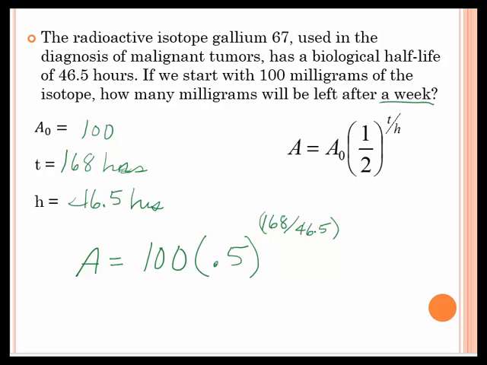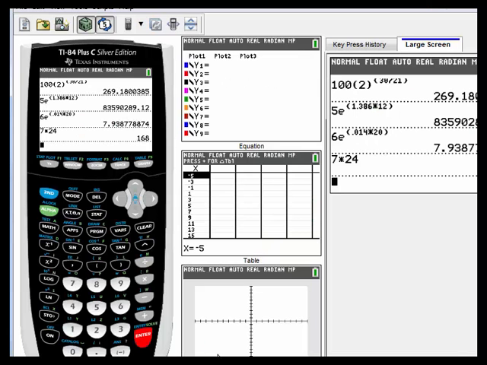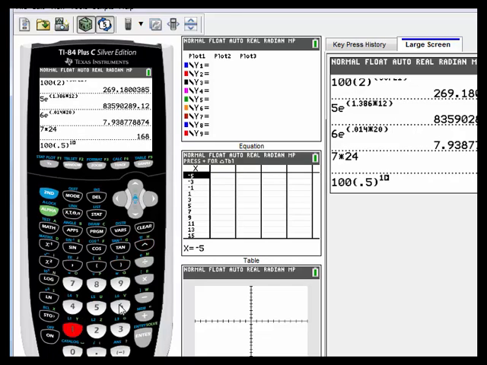So 100 times 0.5 to the power of 168 divided by 46.5.